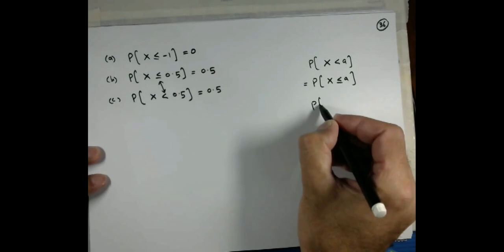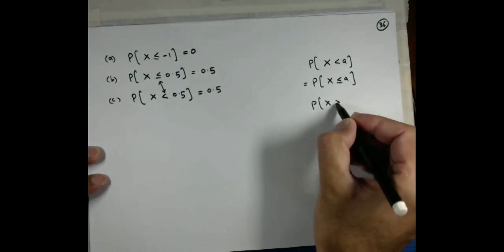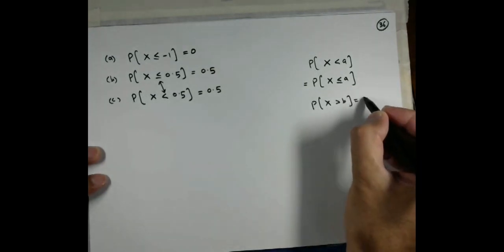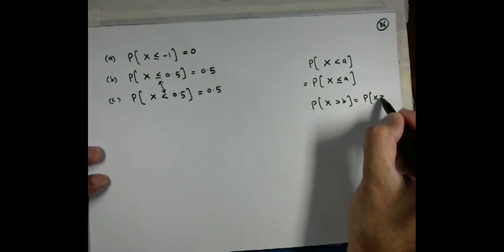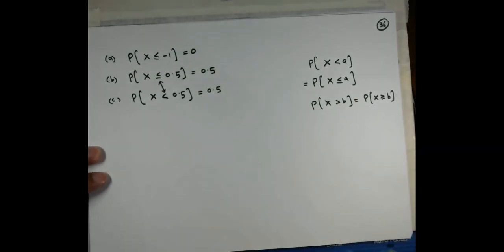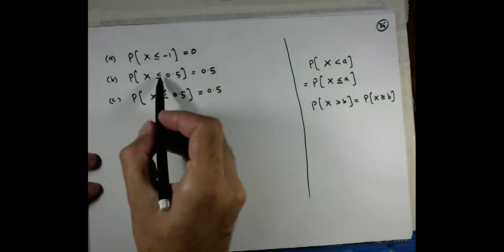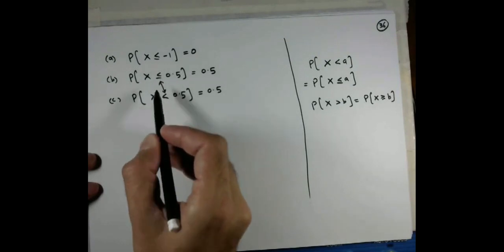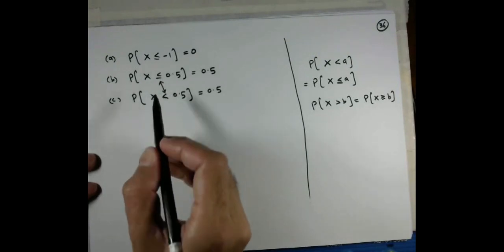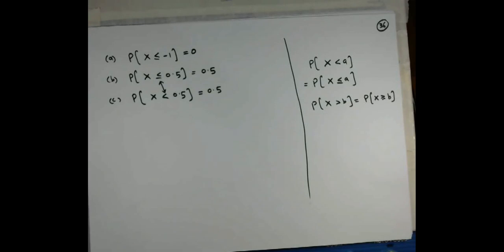And similarly, the probability that say x is greater than b is perfectly equal to the probability that x is greater than or equal to b. So from now on, this point should be kept in mind. Whether we write the inequality as this or as this does not affect the probability because of the continuous nature of the random variable.